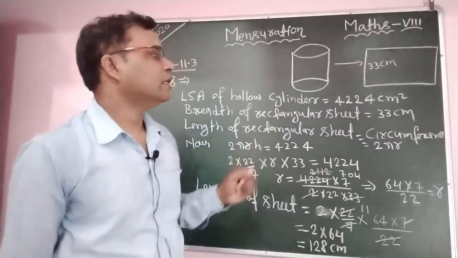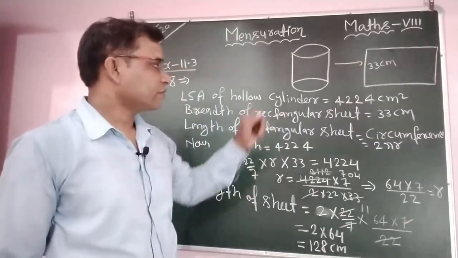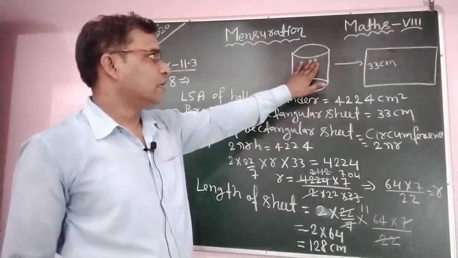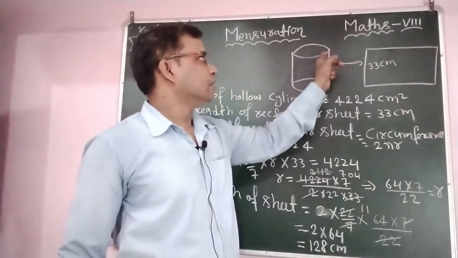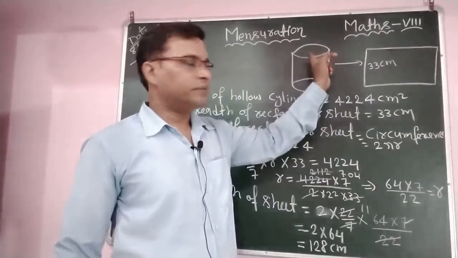So we need to find the length of this rectangular sheet. What is the length? Length is the circumference of the cylinder.